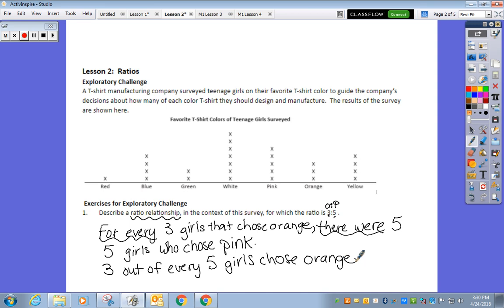So depending upon what your information is, you may use the words for every, there are, if it's a part-to-part ratio, where it's just 2 different pieces of information, pink and orange, or white and green, or whatever. But if you're dealing with a total, you use those out of every words. Okay, so that's what distinguishes between those in a ratio relationship.